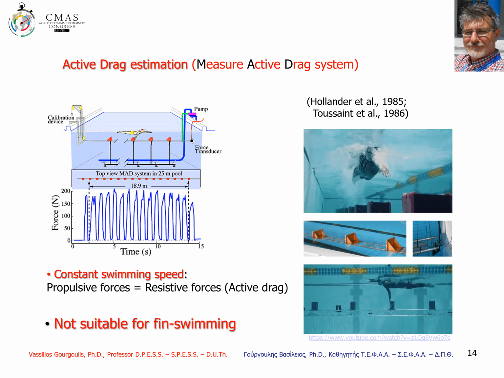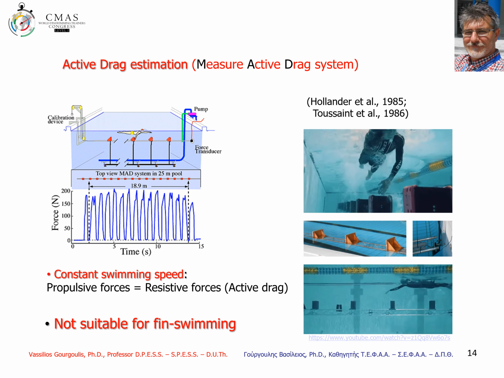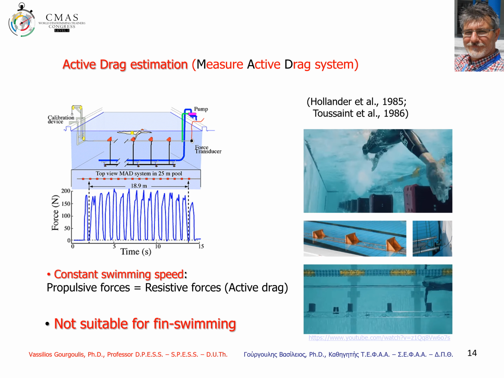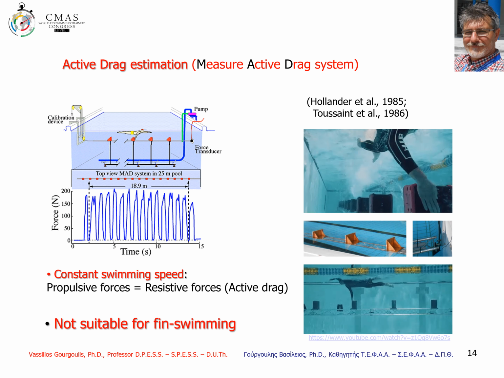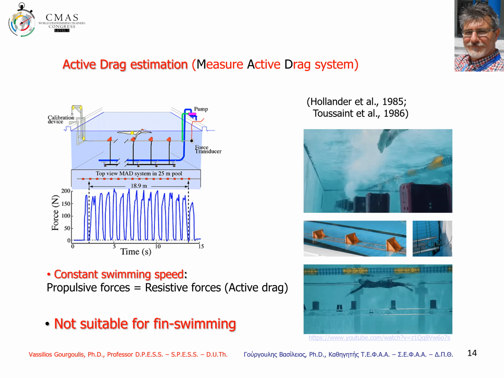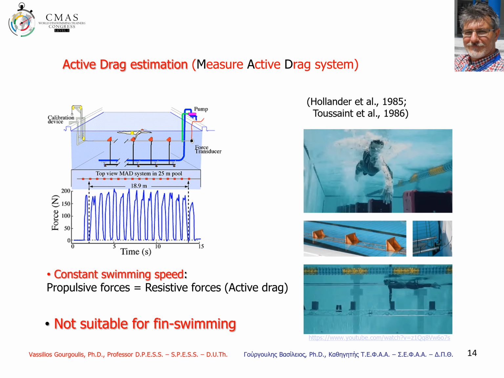During this approach, the swimmer must swim with constant swimming speed. Under this assumption, the mean propulsive force must be equal with the mean resistive force. Consequently, an indirect evaluation of the active drag is possible.